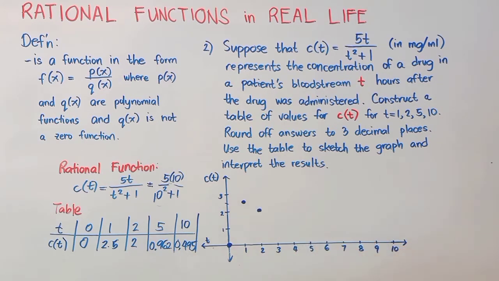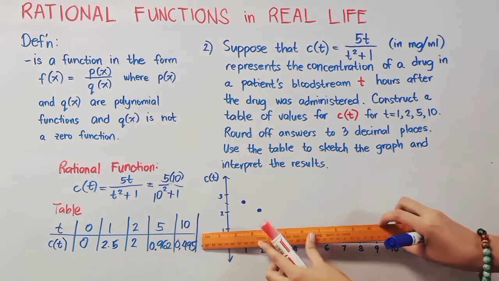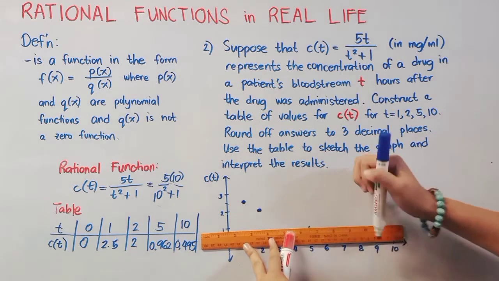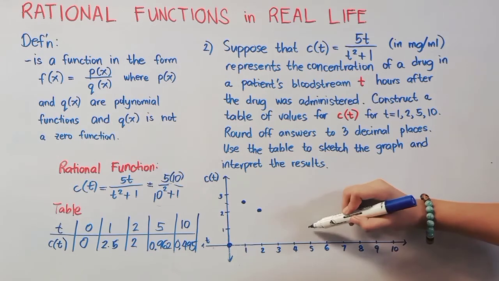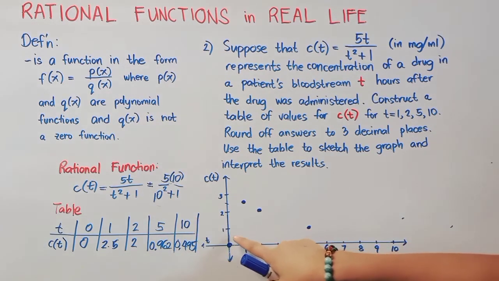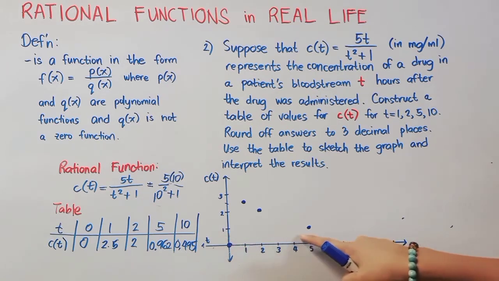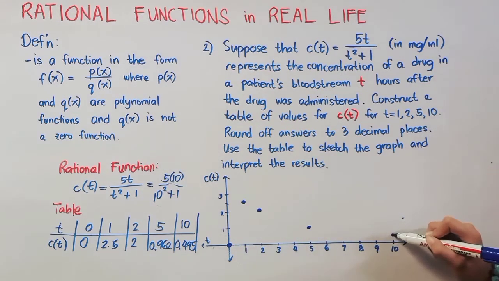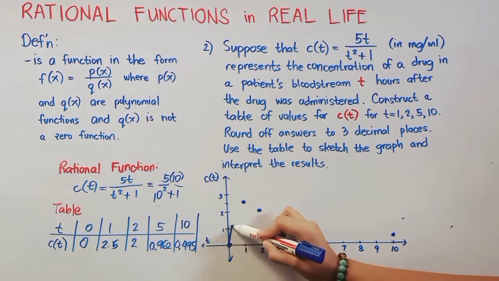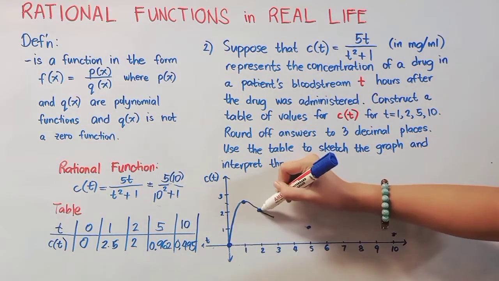We also have 5, and then 0.962, so that's close to 1, so approximately in this point. And lastly we have 10, 0.495, which is close to half of 1, so it's here. Then we'll simply connect all of the points to get our graph.